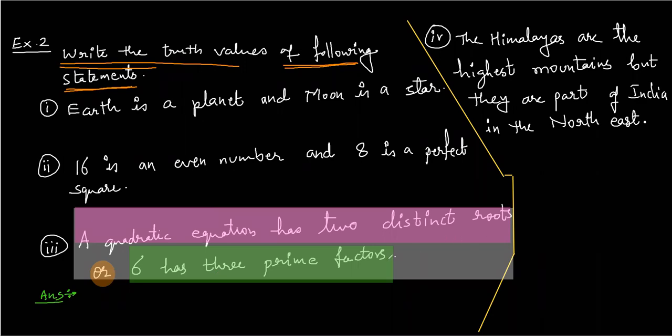I will first find out the truth value of the atomic statements, or 2 simple statements. Let me start with, a quadratic equation has 2 distinct roots. I will write that as P first.